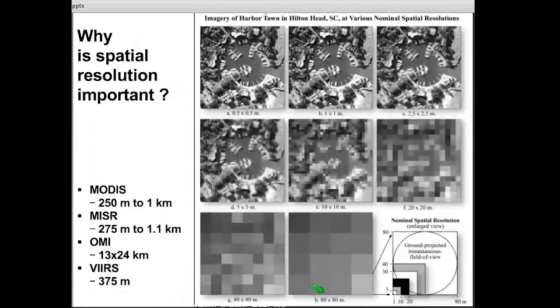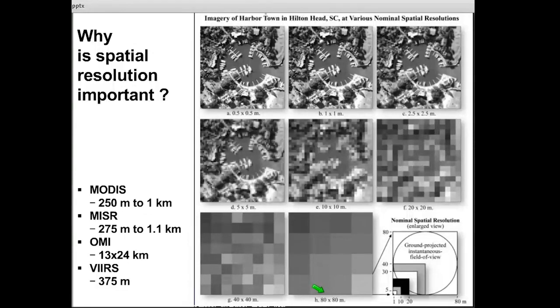So, to look into more detail about the importance of the size of this pixel, or the spatial resolution, here I have a picture taken by a low orbiting platform such as an aircraft in different spatial resolutions over a location on the Earth.